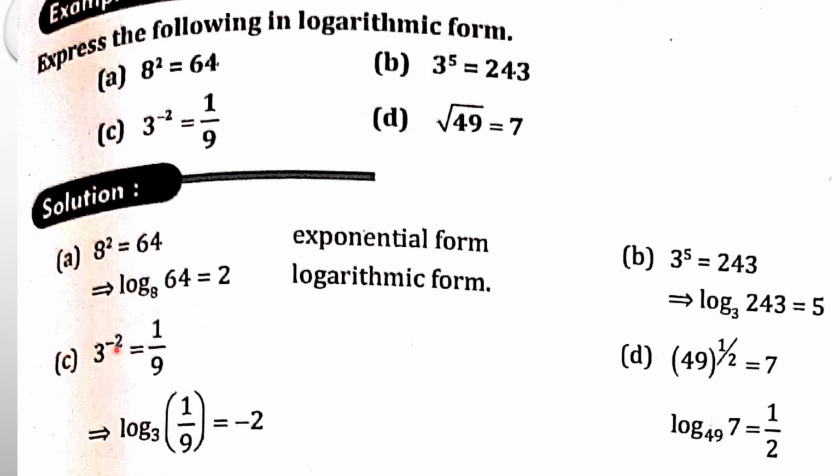As usual, you write minus 2 is equal to log, with 3 as the base and the value 1 by 9. So log 1 by 9 to the base 3 is equal to minus 2. This is how you convert into logarithmic form when you have an exponential value.